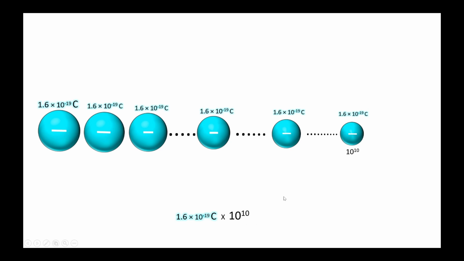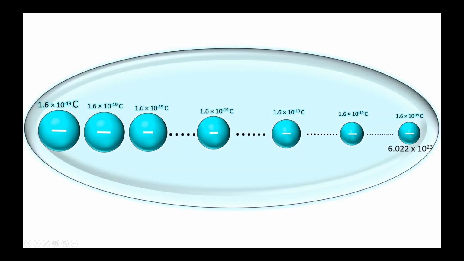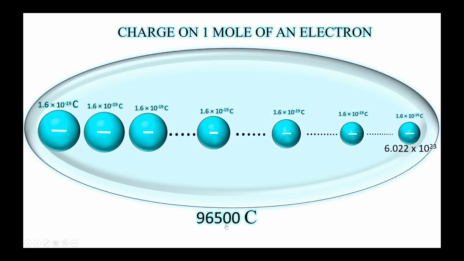Further, if we take 6.022 × 10^23 electrons, the charge on them is 96,500 coulombs. When we multiply 6.022 × 10^23 by 1.6 × 10^-19, we get 96,500 coulombs, which is equal to 1 mole of electrons. So the charge on 1 mole of electrons is 96,500 coulombs.